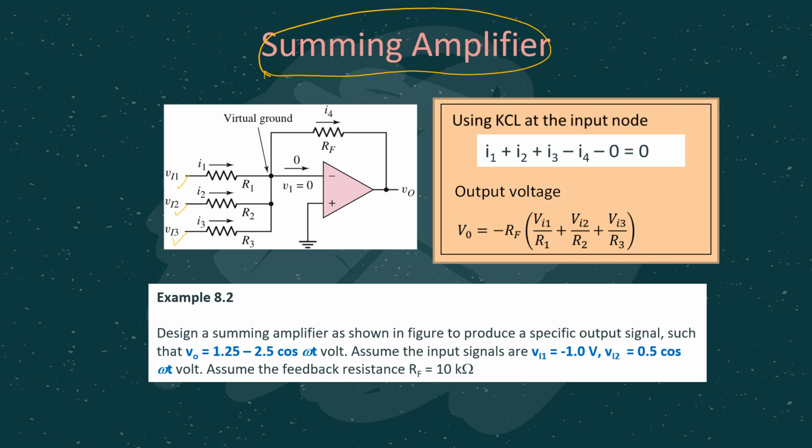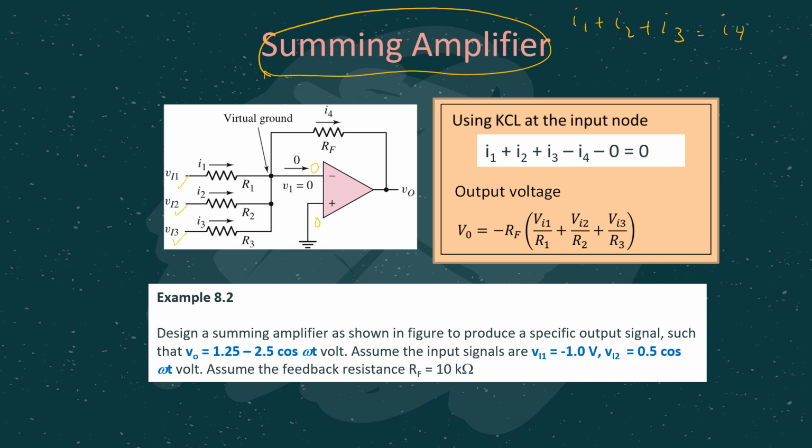So you still can use the two main characteristics that we consider for op-amp. The first one, V1 should always be equal to V2, right? So since here is 0 volt, here also is 0 volt. And the second one is that there should not be any current flowing into the op-amp. So as you can see here, I1 plus I2 plus I3 should be equal to I4, because no current should be going into the op-amp.